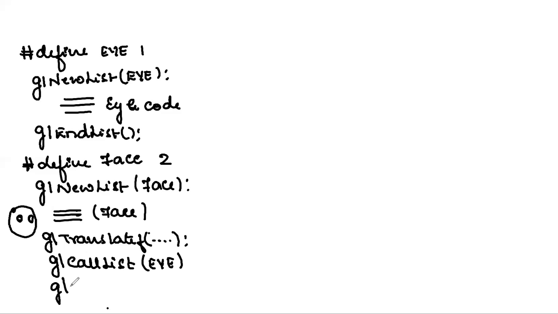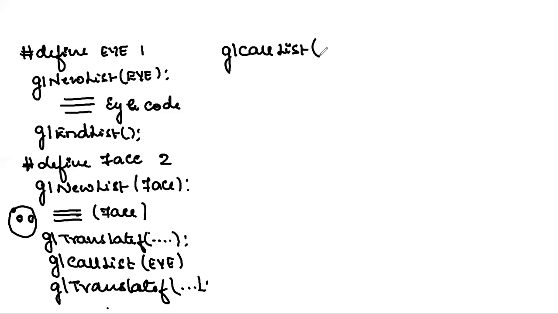I'll write glTranslatef with whatever position you want, and then glCallList of EYE. This gives us both the eyes. Now we need to draw the nose. So now we have started here.